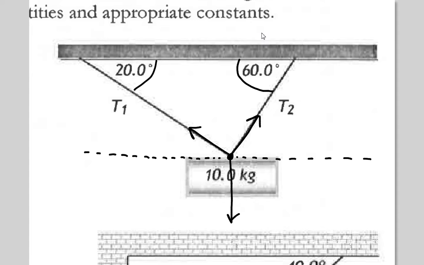Now with that horizontal being drawn across, do you guys agree that this is also 20 degrees? And that this is also 60 degrees? Okay, good. So what we can do is we can analyze these tensions. I don't think we're going to have time in 6 minutes.